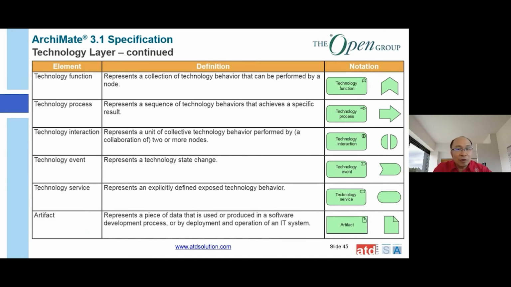You can also model that, and also technology interaction and technology event. An event means, for example, at 3 a.m. you trigger a backup. Then there is the technology service that you provide to others, a platform or other domain, and also the artifact itself. All these are the technology layer elements within ArchiMate itself.